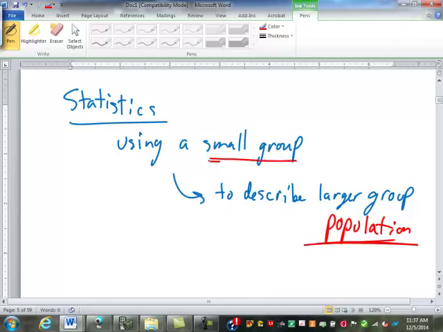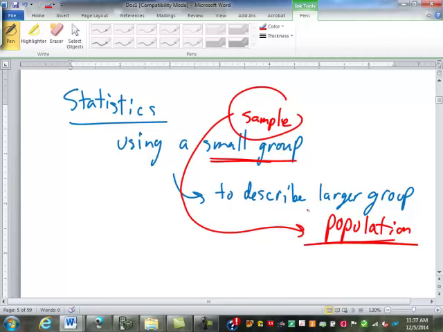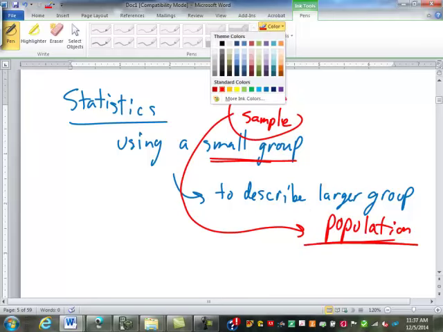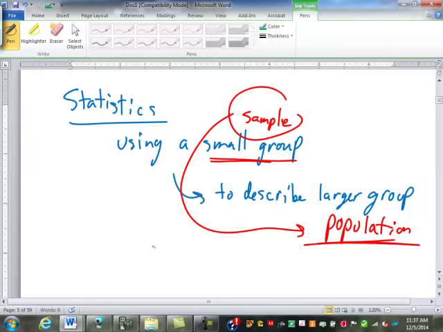This smaller group is what is called a sample. And that sample comes out of the population. Every member in the sample must be in the population. We can't take people from outside of our population. Otherwise, that sample is not a good one. We strive to make that sample what we call a representative sample.